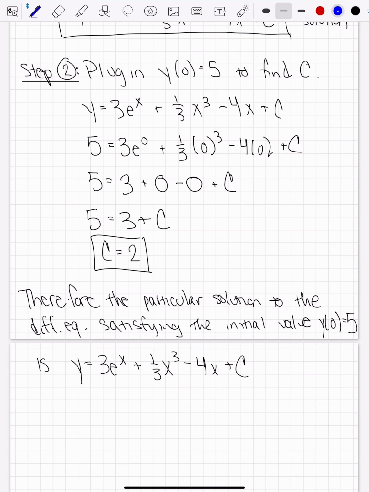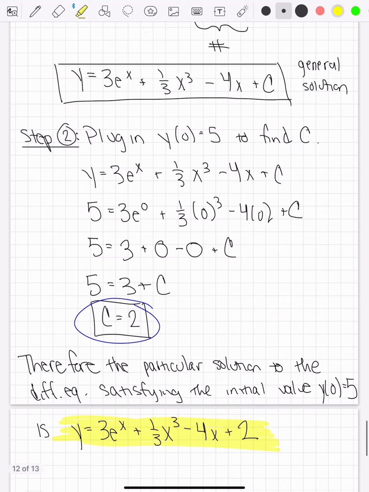But now we know we solved for c, so we can plug that in. So this becomes plus 2. And that is our solution to the initial value problem, because it satisfies both the differential equation and the initial value.